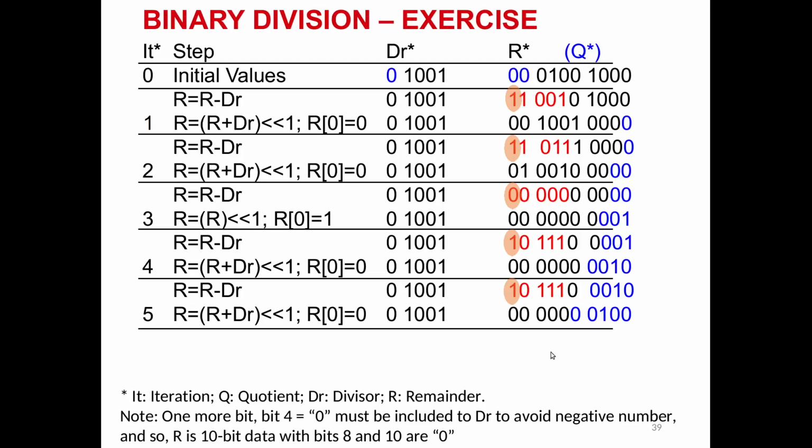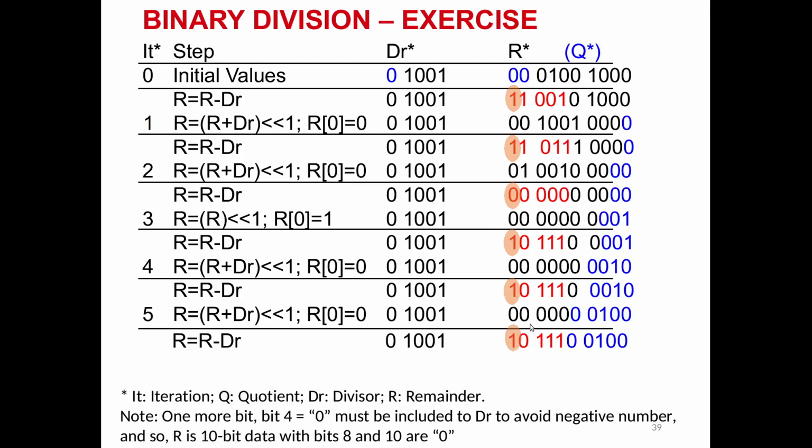And then we move to the last iteration, iteration 6. And so we do the same. We take the most significant 5 bits here, minus DR, and here is the result 1 0 1 1 1.